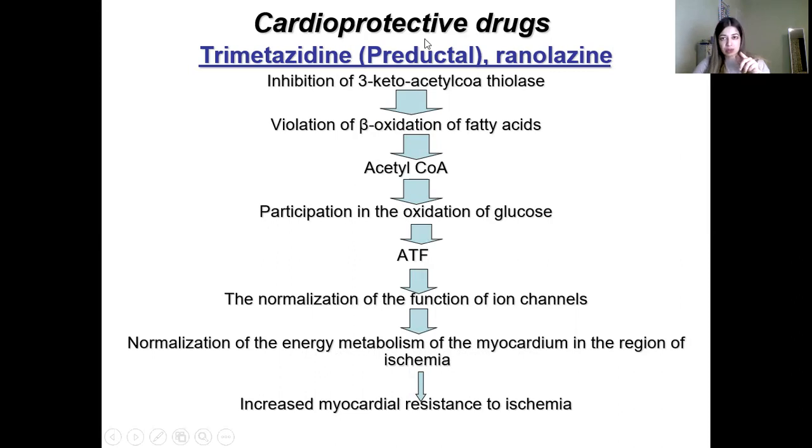Then it leads to normalization of the function of the ion channels in the heart and normalization of the energy metabolism of the myocardium in the region of ischemia.